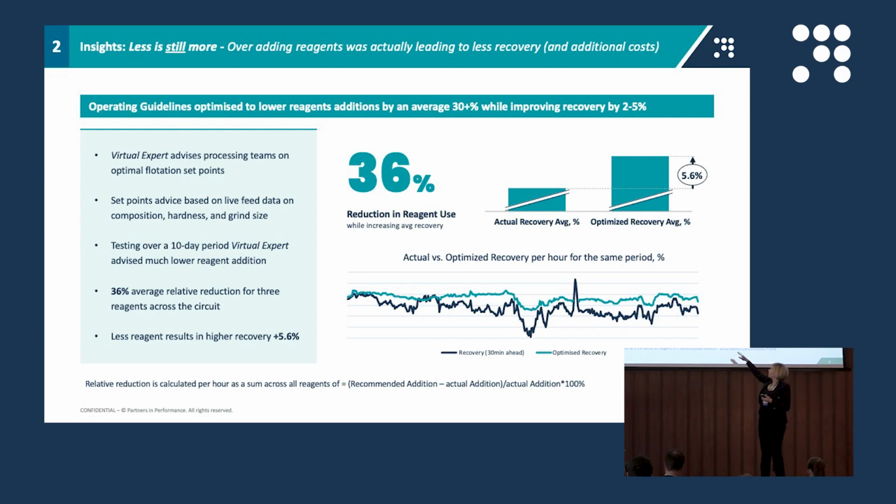Very often the optimal solutions that improve recovery also imply less reagent use. And one of the insights we see is that lack of transparency on the costs when managing the circuit also sometimes counteracts the profits. So people may be using too much reagent.